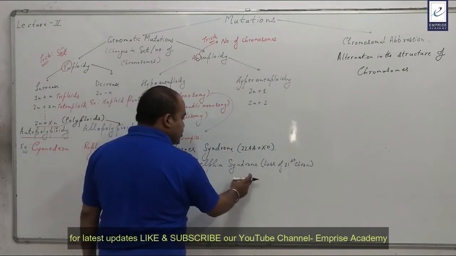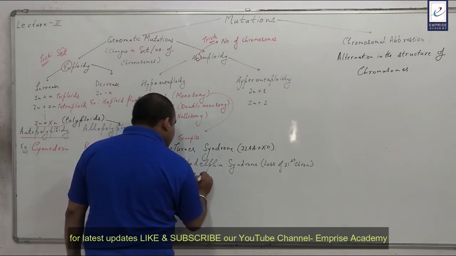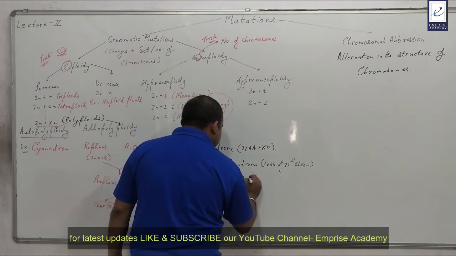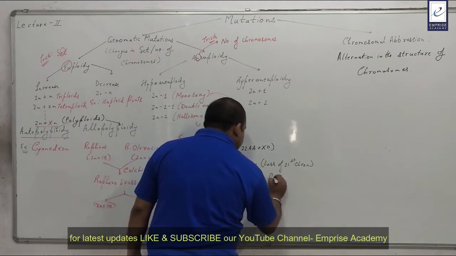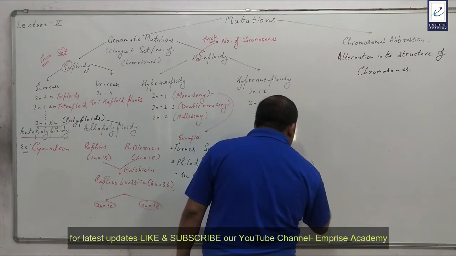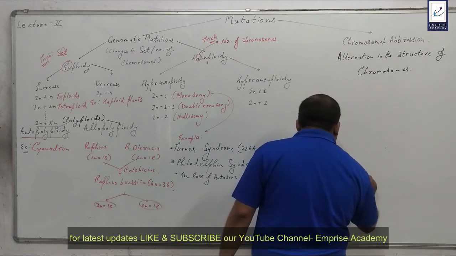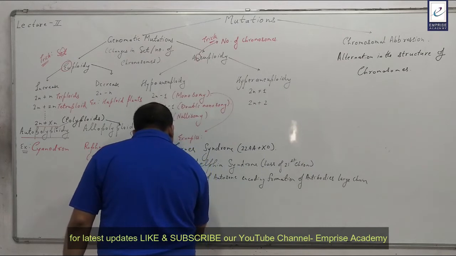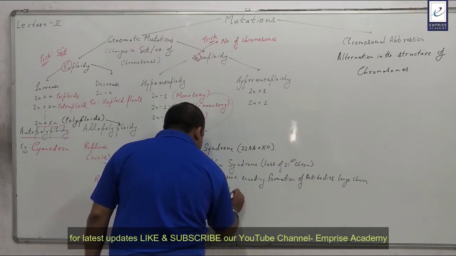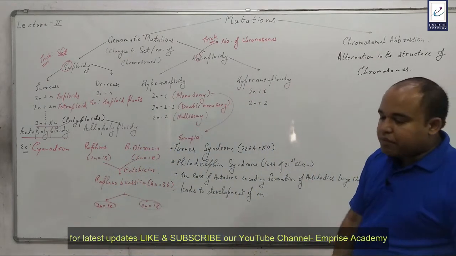Turner syndrome is a sex chromosome loss, this is a loss of an autosome, the autosome encoding the formation of antibody heavy chain. This will lead to the development of an immunocompromised individual.